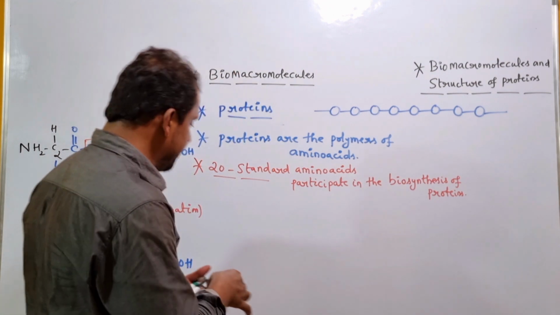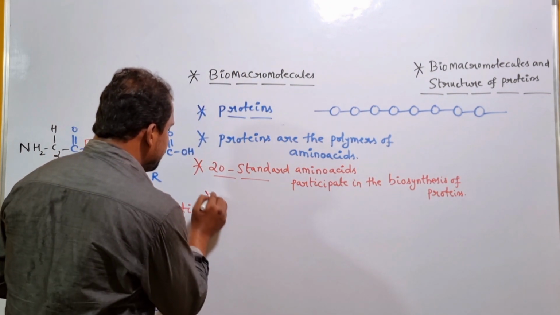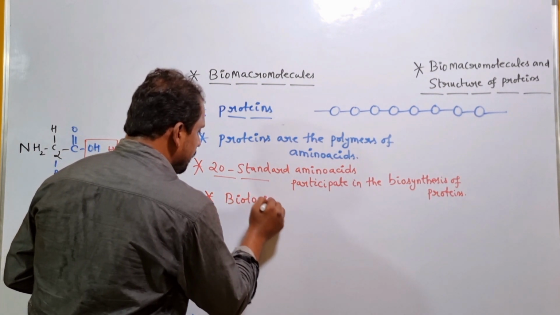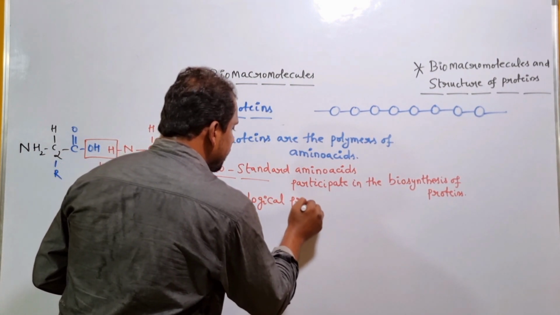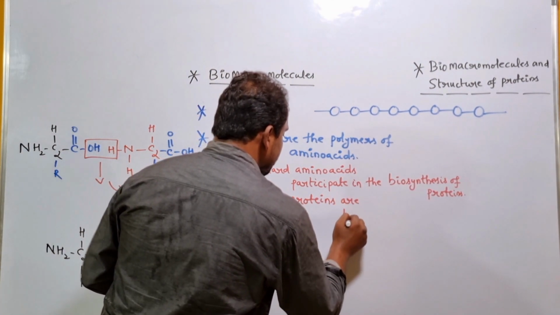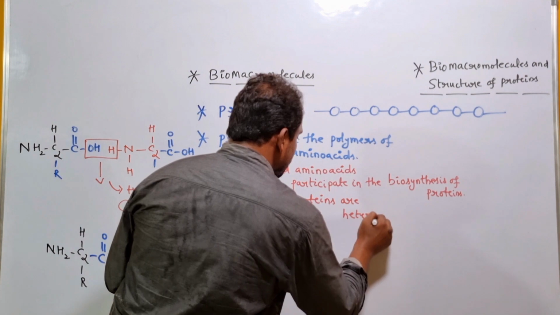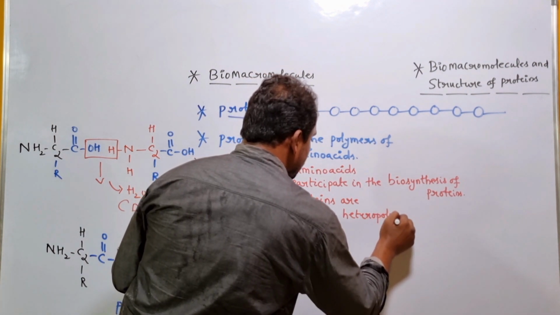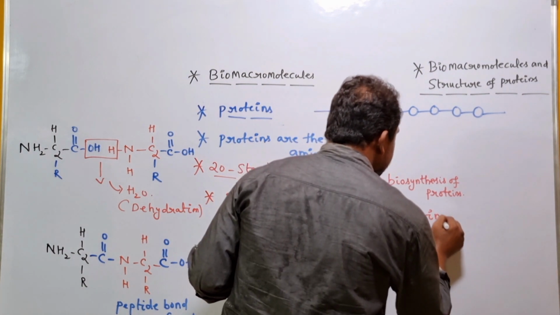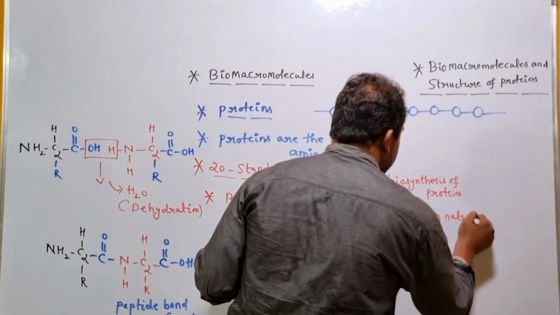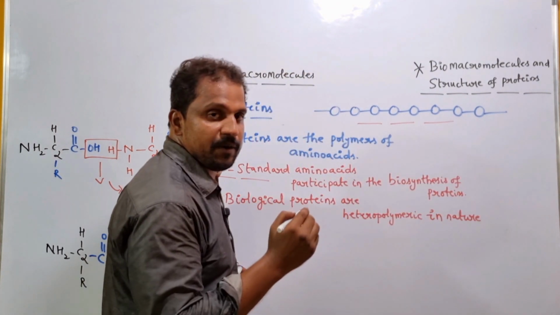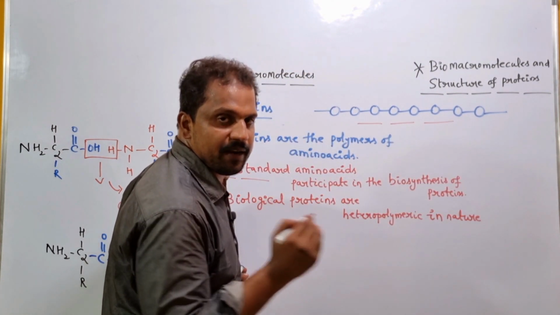Is it clear? So let me write it on the board. Biological proteins are heteropolymeric in nature. So what is the meaning of heteropolymeric in nature here? If we consider one specific protein, it contains many amino acid residues.